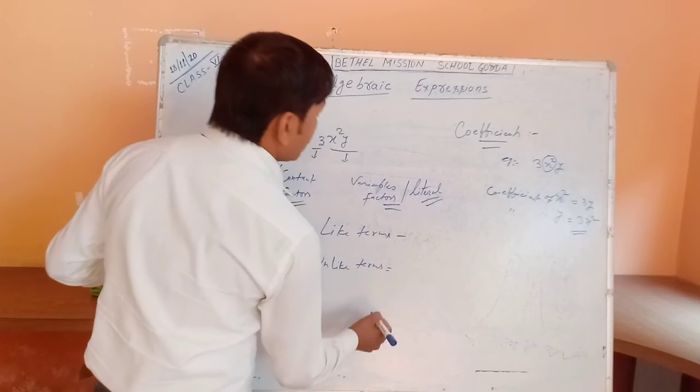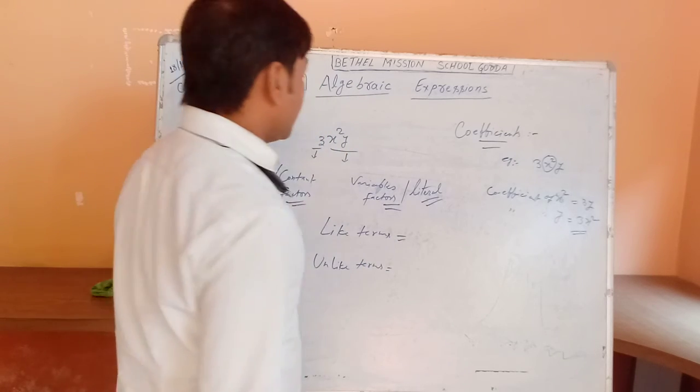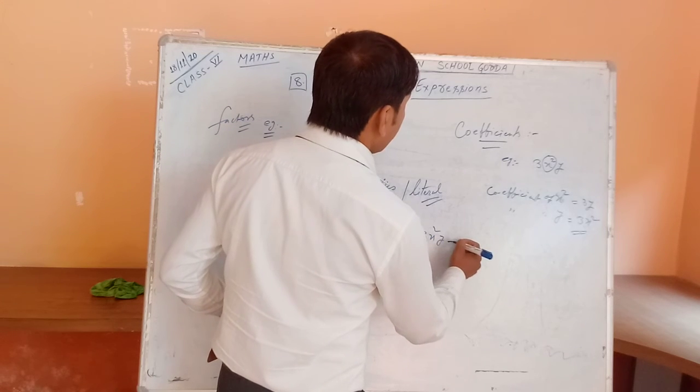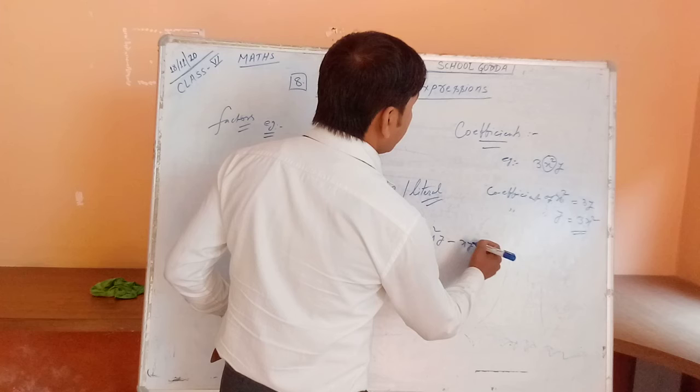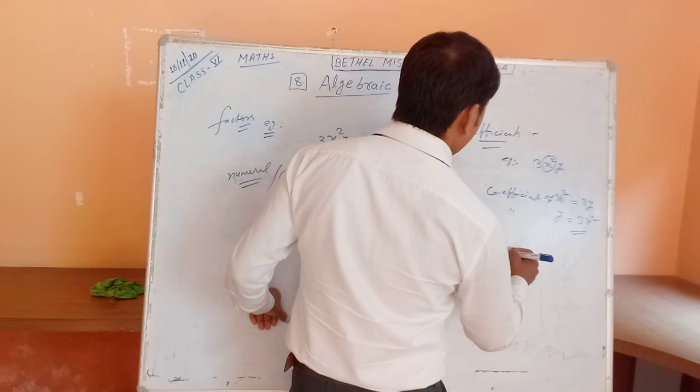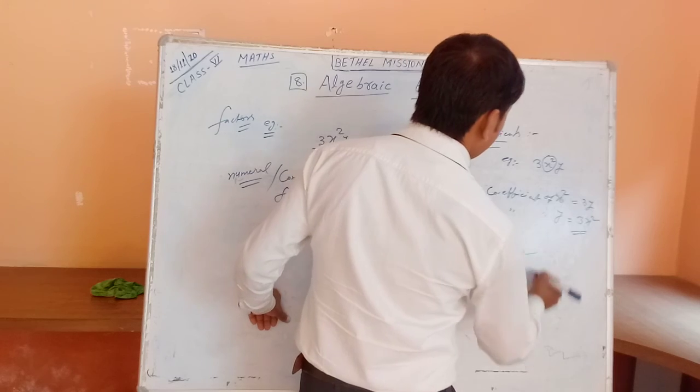What are like terms and unlike terms? In an algebraic expression, suppose I am writing 3x square y minus xy square plus 3yx square.